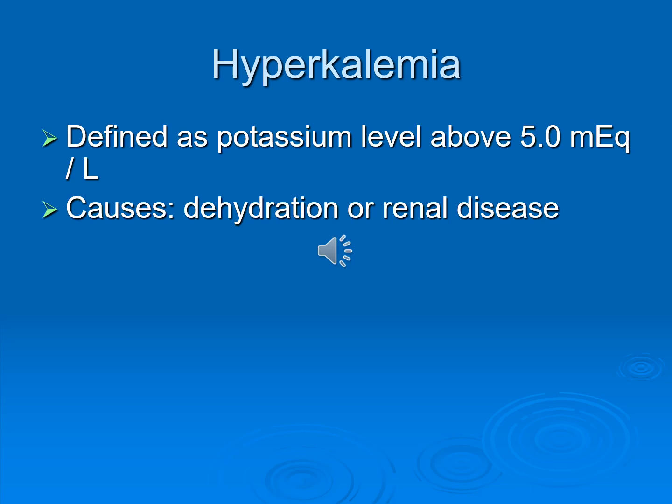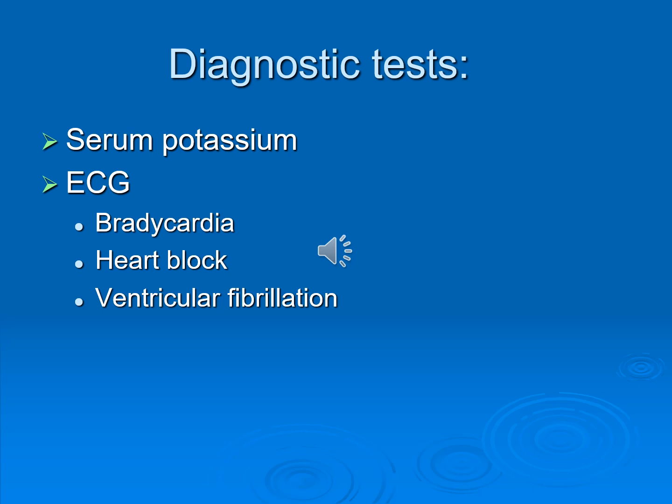Hypokalemia is defined as a potassium level above 5. Some causes are dehydration or renal disease. Diagnostic tests used to assess potassium are serum potassium levels and ECGs. So with an ECG, you may see bradycardia, heart block, or ventricular fibrillation.